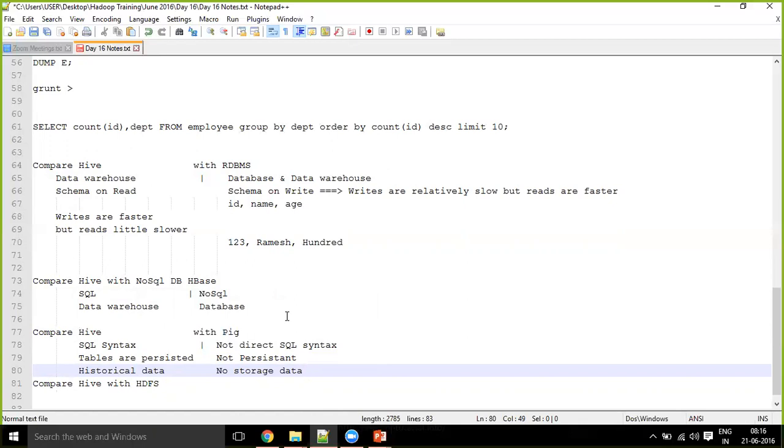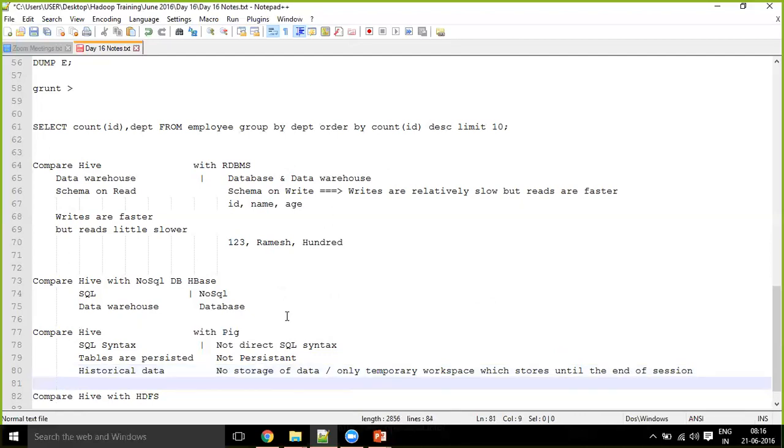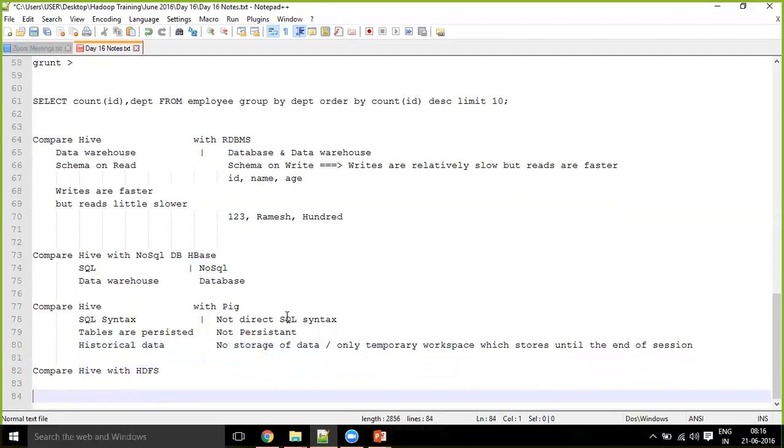It is only a temporary workspace, which stores data until the end of the session. Once you come out of your Pig session, it's lost.